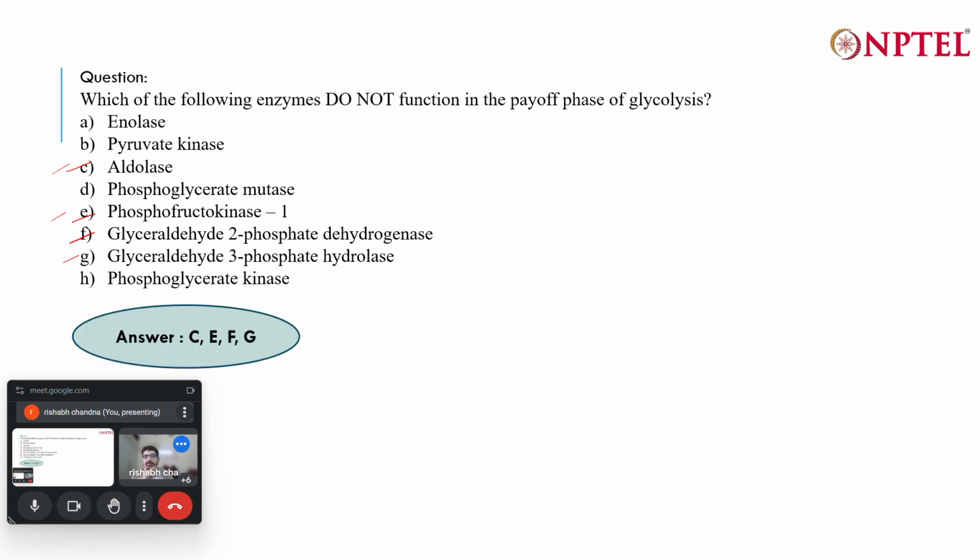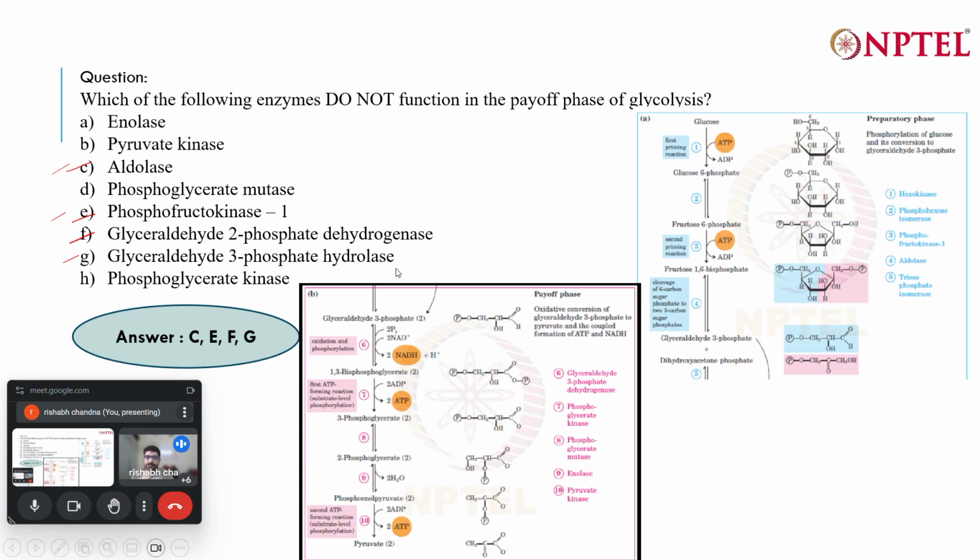Okay, so here is the explanation. First, when we enter glycolysis, there are two basic phases involved. First is the preparatory phase, in which glucose is being prepared into glyceraldehyde 3 phosphate. Further, the payoff phase begins when glyceraldehyde 3 phosphate is converted to pyruvate, and here the actual derivation of energy starts.